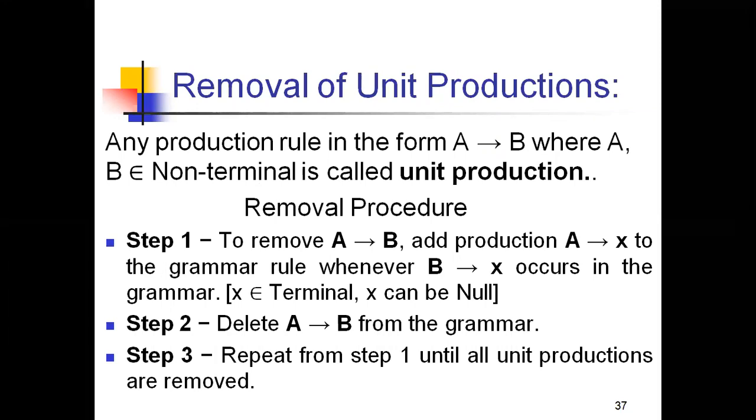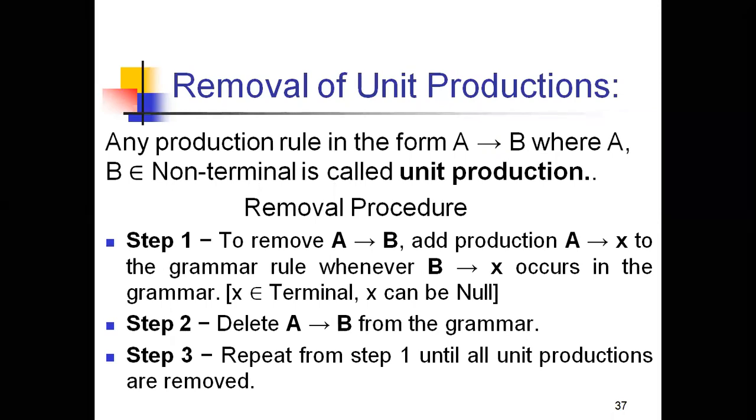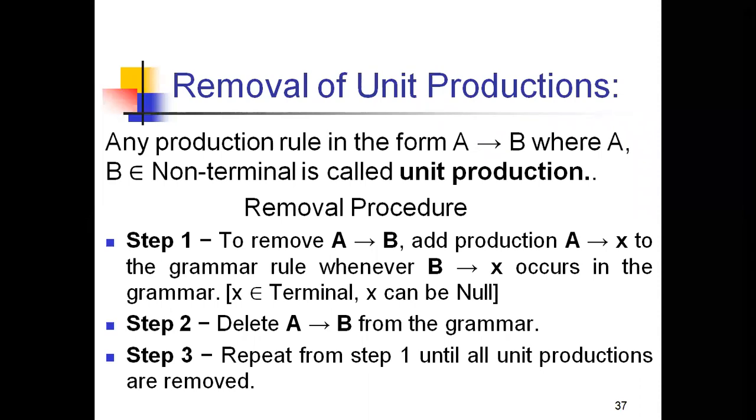Here also we have three steps, and let's see what step number one is. Step number one: you need to check where we have the unit productions in the given grammar. If the productions match the syntax of the unit productions, then you need to remove those.